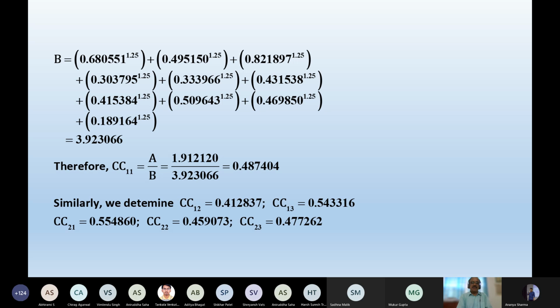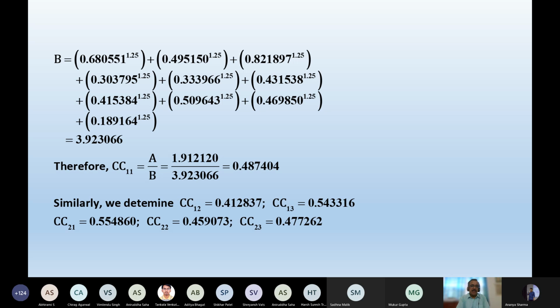If you calculate by following the similar procedure, you'll be getting C12 as this. Now I'll request all of you to calculate C12 and check whether I have calculated correctly or not. Similarly, you can find out C13, and this will become equal to 0.543316.